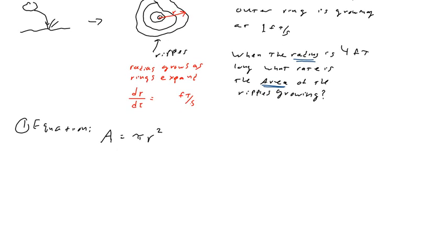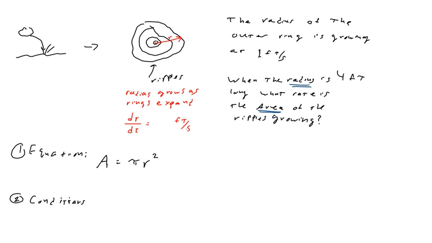Great. What is our initial condition? Or I should say just maybe the conditions. What are the conditions we have? What information do we have? What do we know about the situation? It tells us a few things. It tells us that the radius of the outer ring is growing at 1 foot per second.